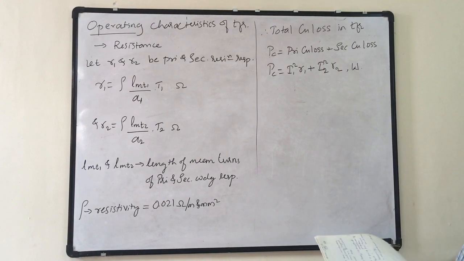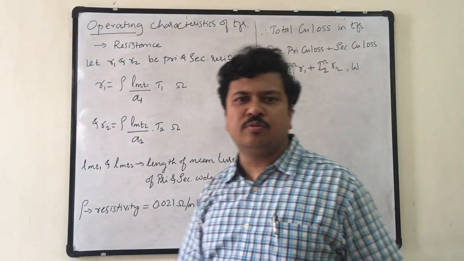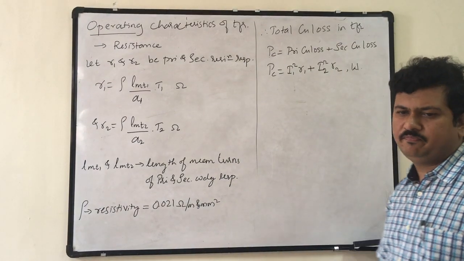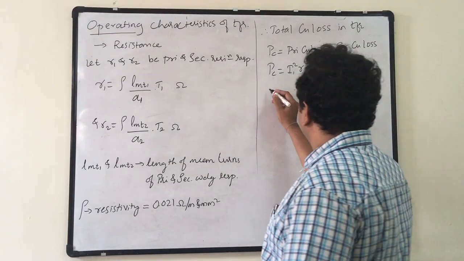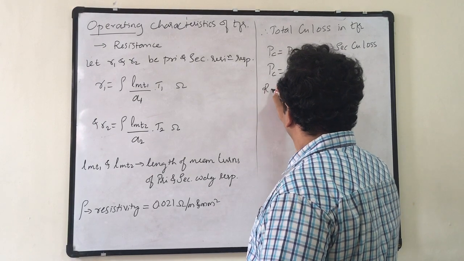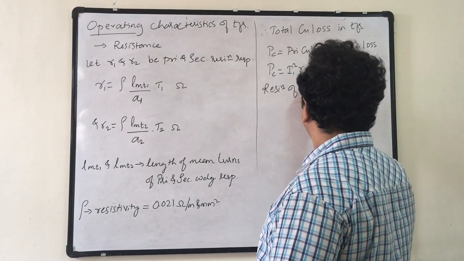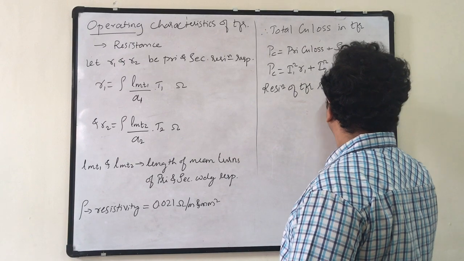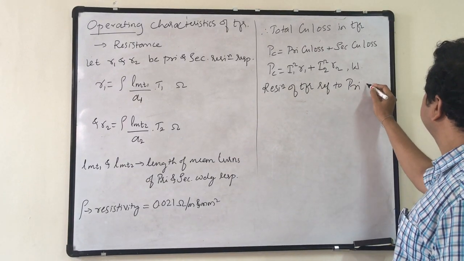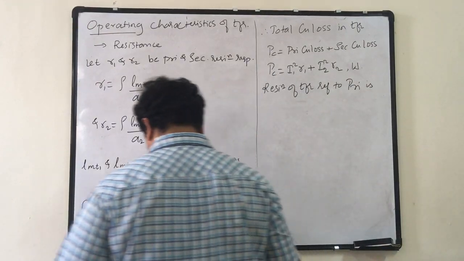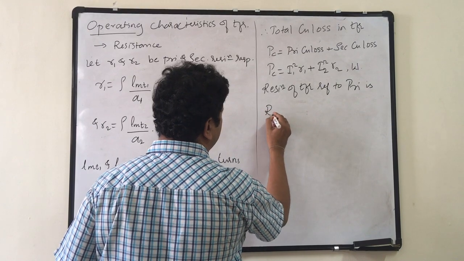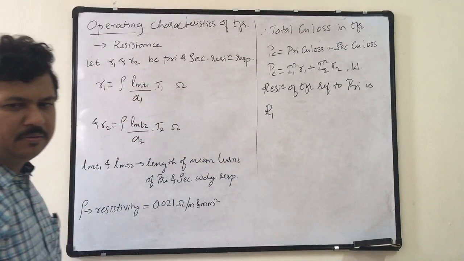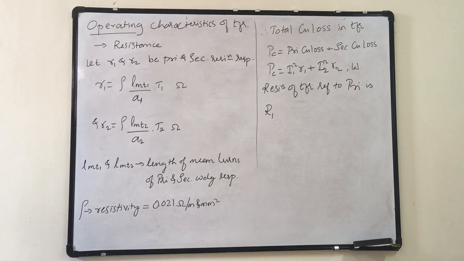So from this equation I can get the resistance referred to primary and secondary. Resistance referred to primary or resistance referred to secondary, I can get it here. So the resistance of transformer referred to primary is capital R1, the total resistance referred to primary.